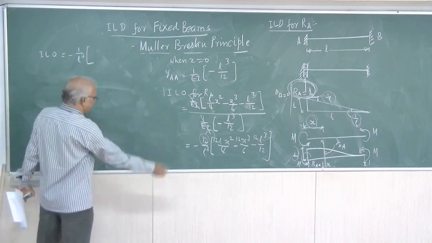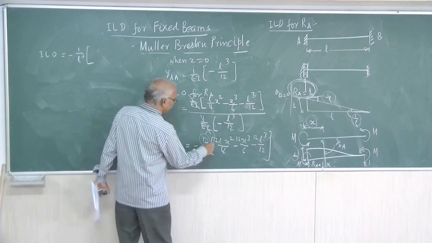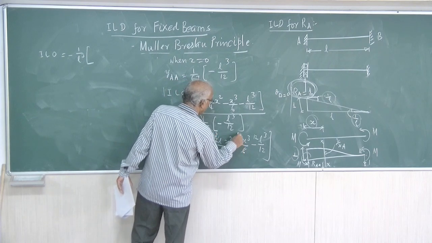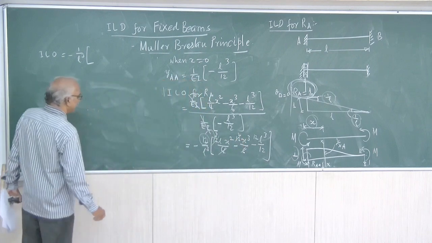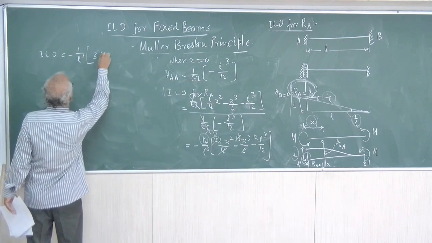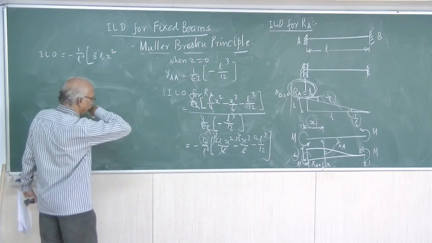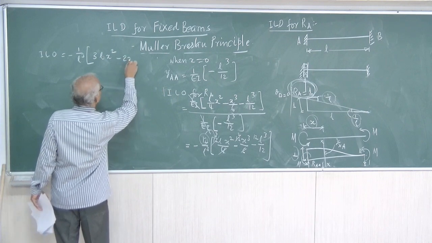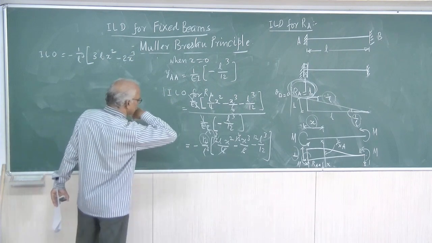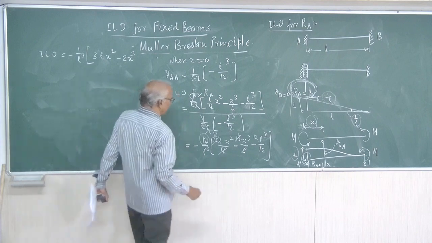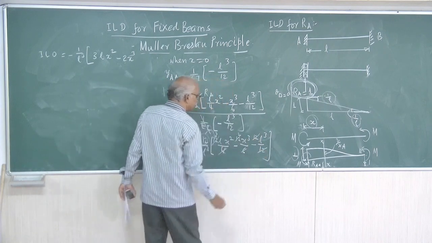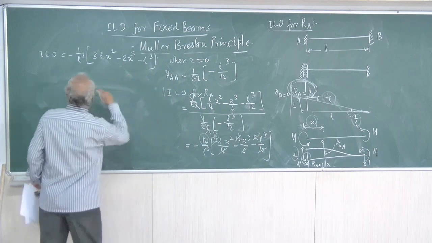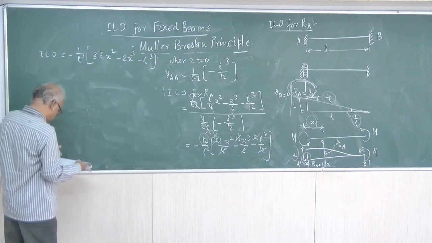We have taken 12 inside, so this will become 3 and this will become 2. Therefore, 3 L x square minus 2x cube minus L cube. This 12 and 12 will get cancelled. So that is the equation.